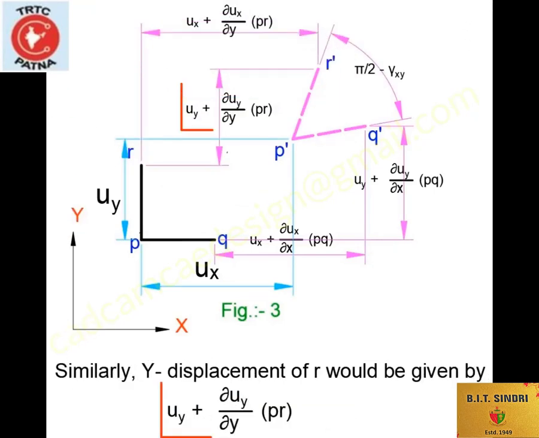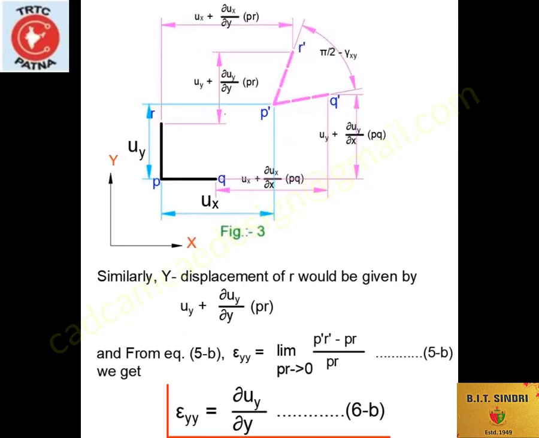Similarly, the y displacement of R would be given by uy plus del uy by del y times PR. So from equation 5b we get the normal strain in y equal to del uy by del y.